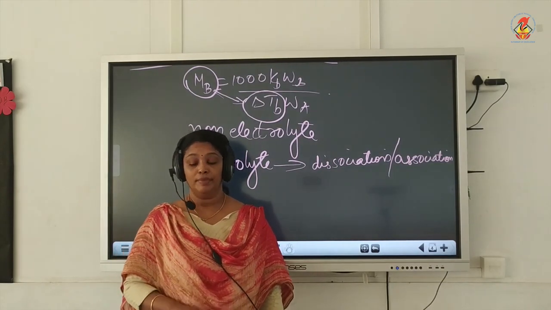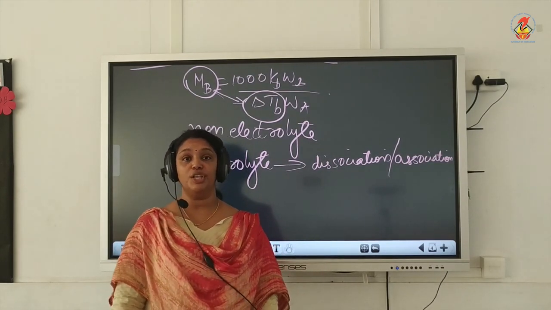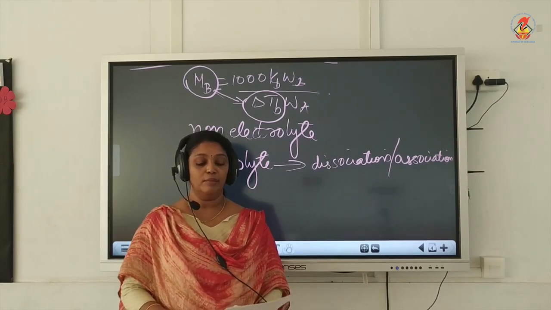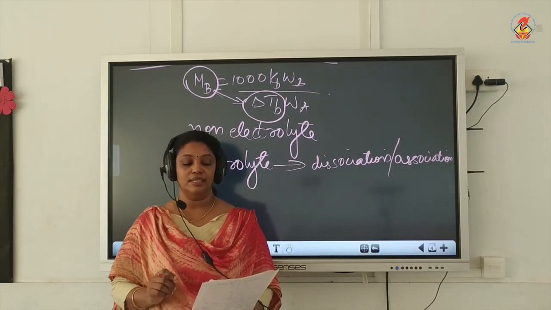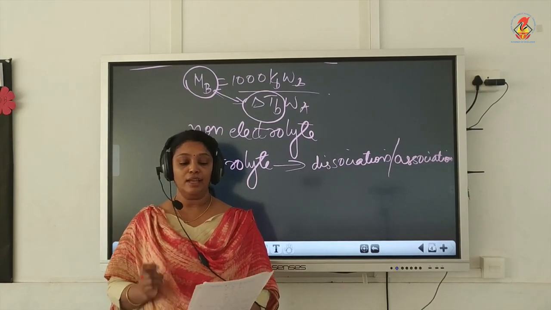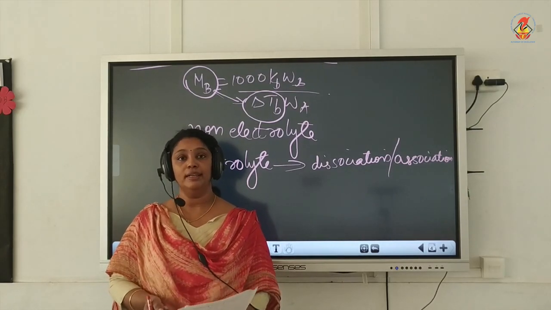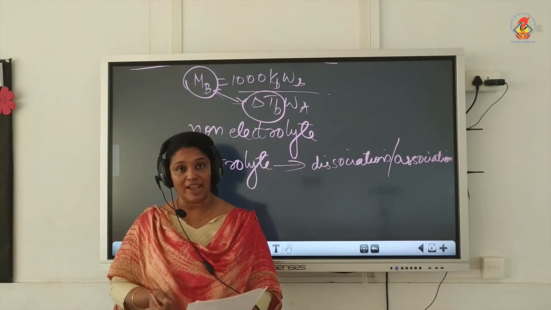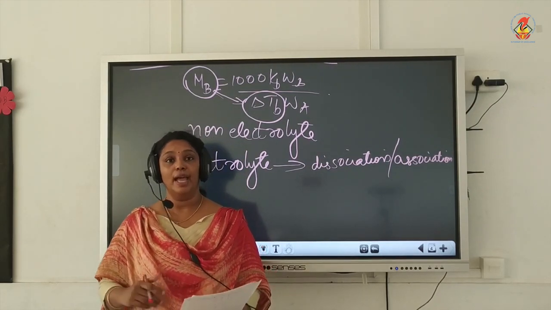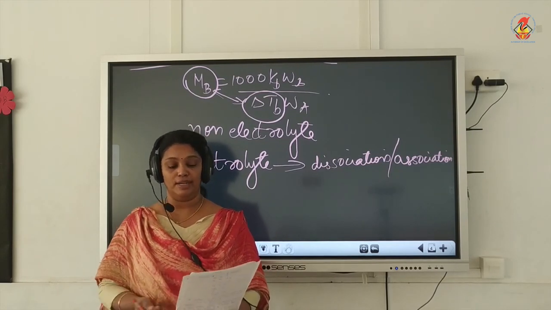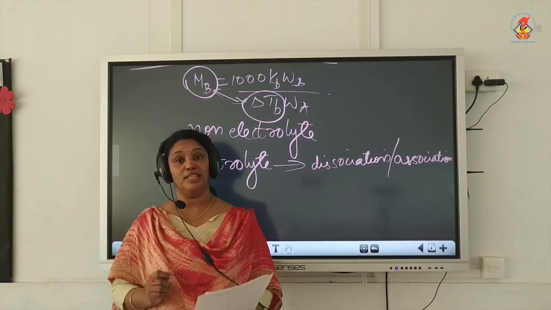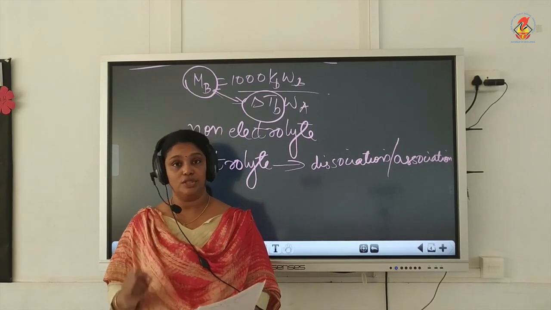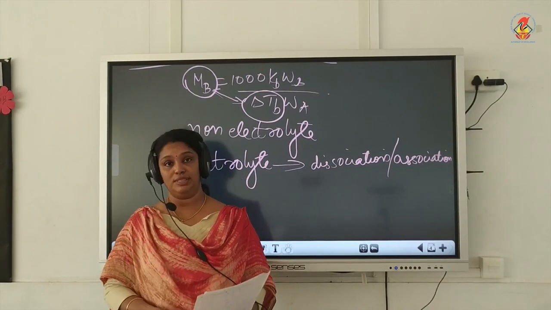So we can give a definition for abnormal molecular mass. When the molecular mass of a substance determined by any of the colligative properties comes out to be different from its normal value, it is called abnormal molar mass. And an abnormal molar mass is observed if the solute undergoes dissociation or association.